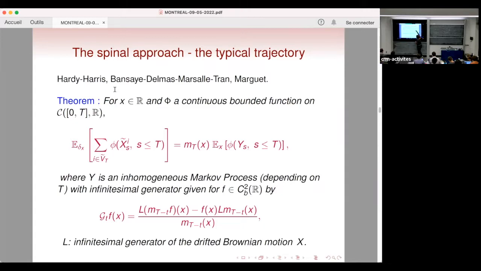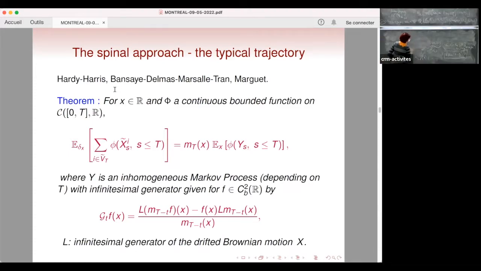Aline Marguet was interested in the growth of populations where the cells are growing. It's a different approach, but she gave a very general proof of this theory in a more general context. So I think it could be interesting for you to see a direct proof in this case. So I would like to keep this.